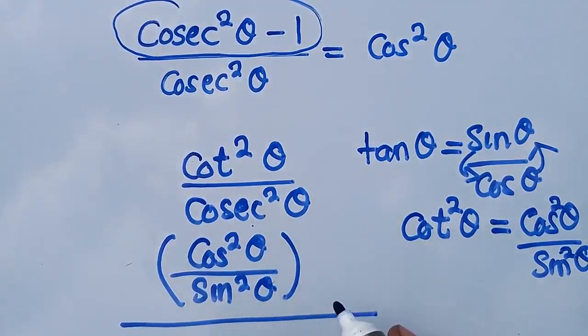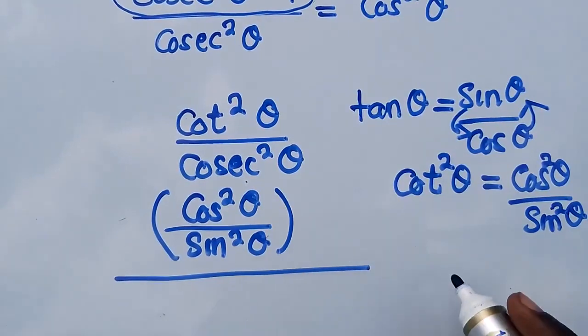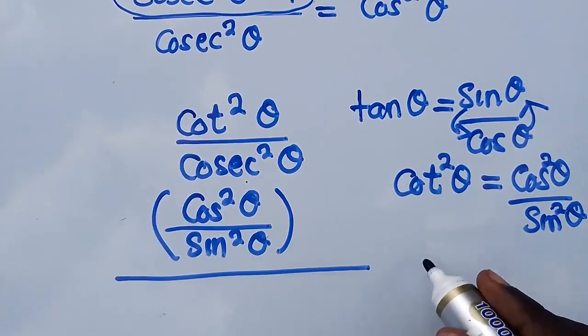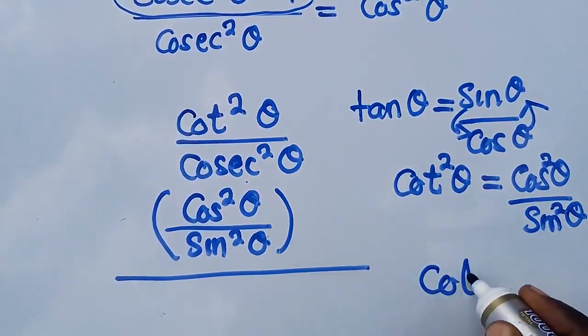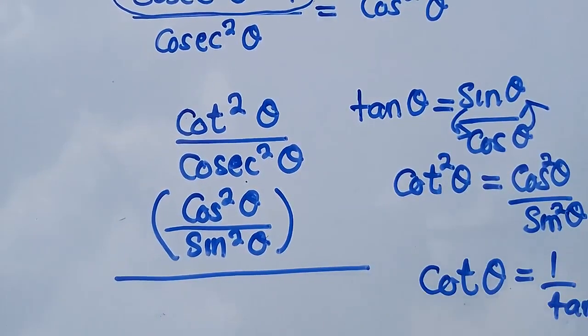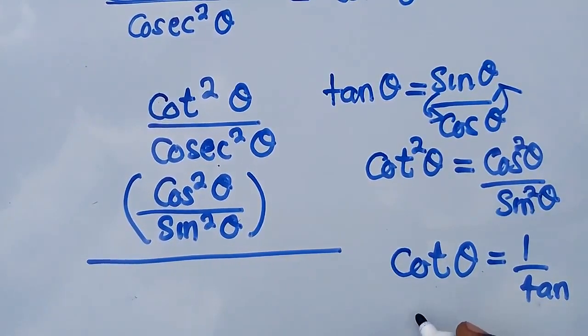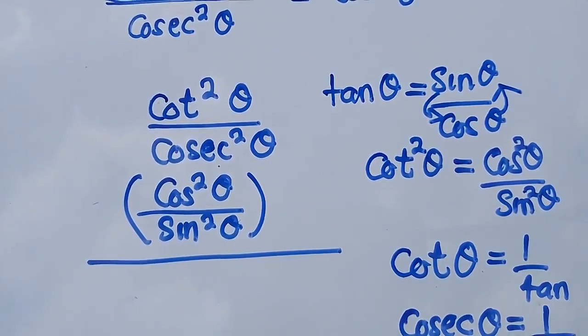What is cosec squared theta? I told you on other identities that you are supposed to know, that cot theta is equal to 1 over tan. I also remember telling you that cosec theta is equal to 1 over sine theta.